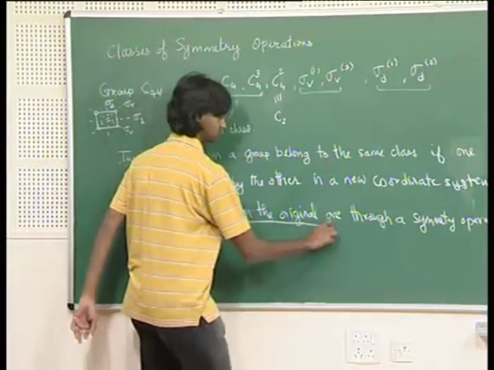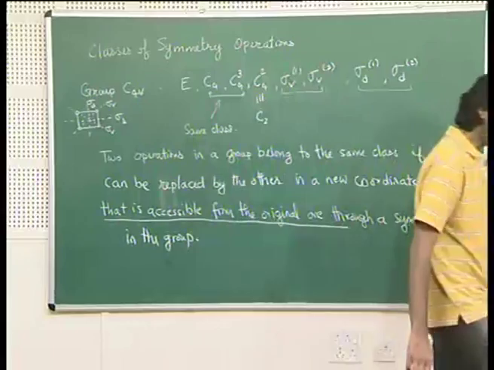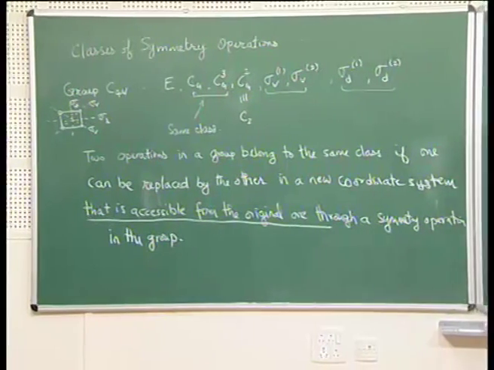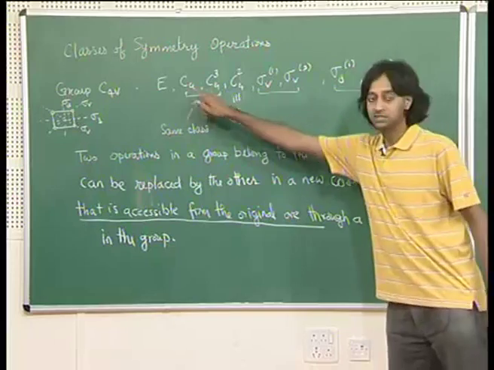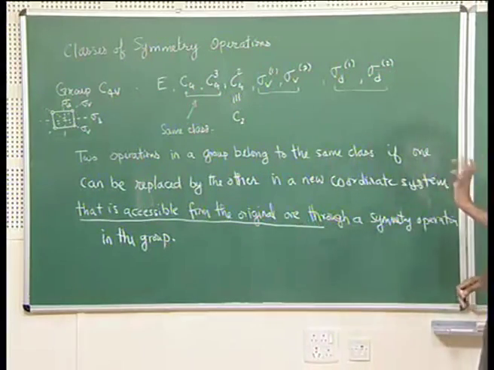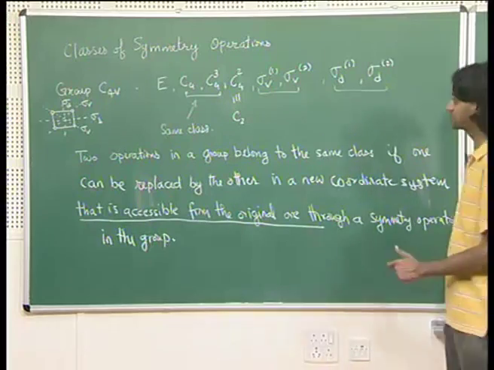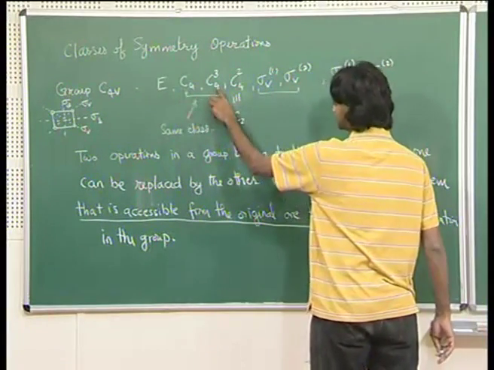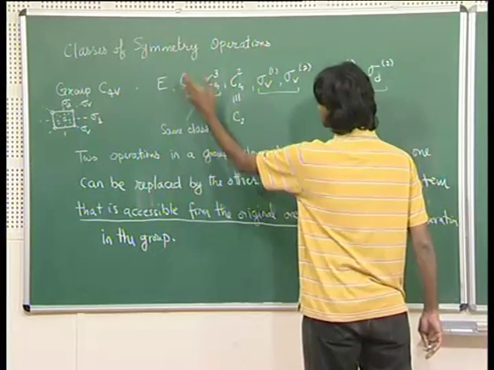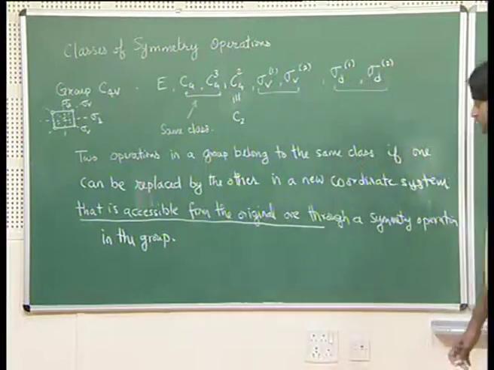It is very important that the two elements will be in the same class only if one can be replaced by the other in a new coordinate system. So in one coordinate system, C4 looks like one transformation and C4(3) looks like something else, and that something else looks like C4 in the other coordinate system.